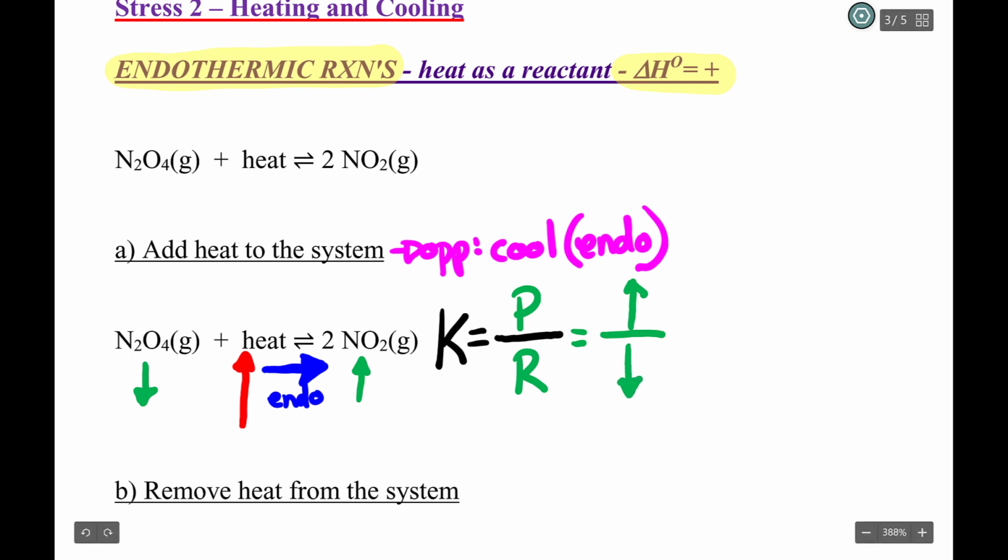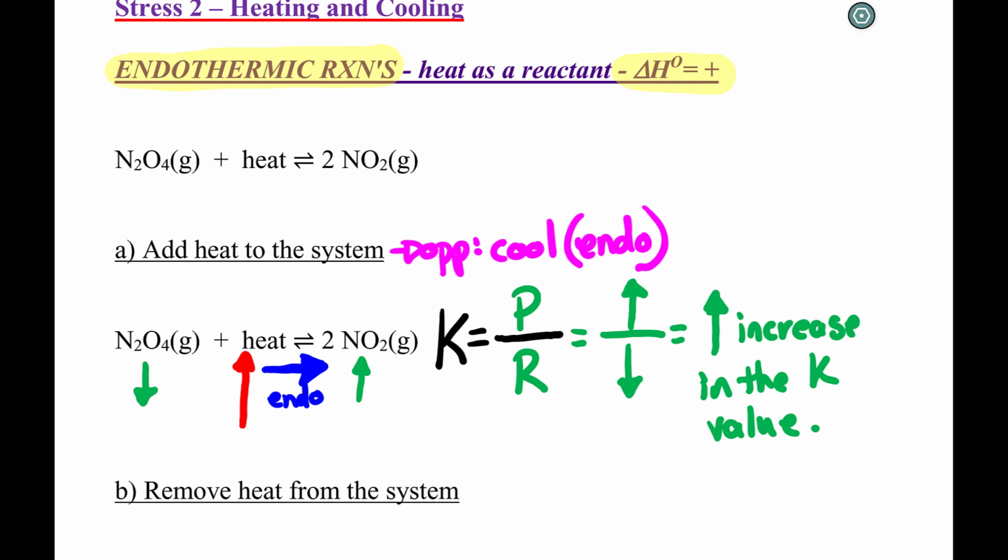Now, let's think about this mathematically. If my numerator becomes bigger and my denominator becomes smaller, overall the number has to go up. So this would be an increase in the K value if this is raised in temperature and held at that temperature.